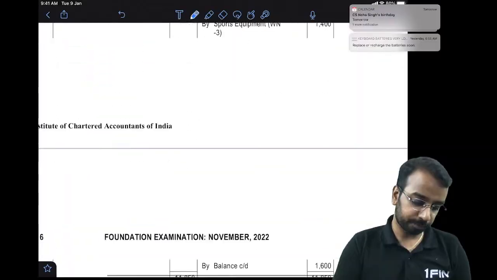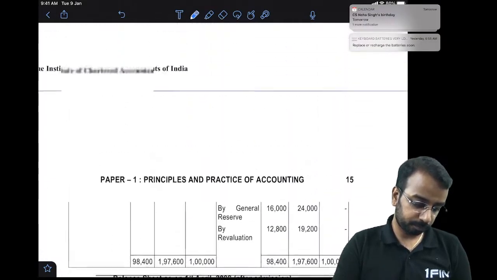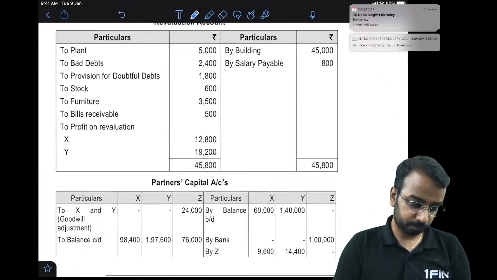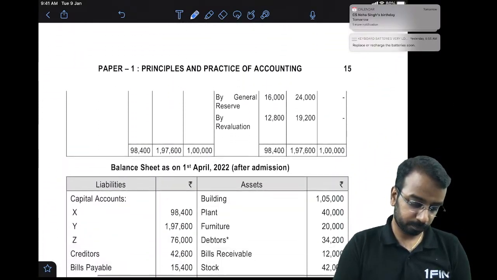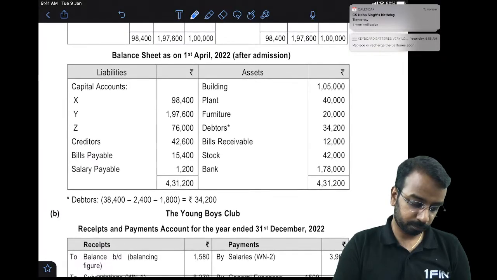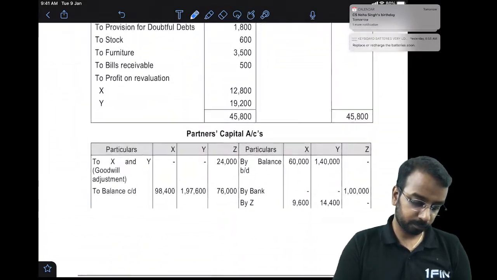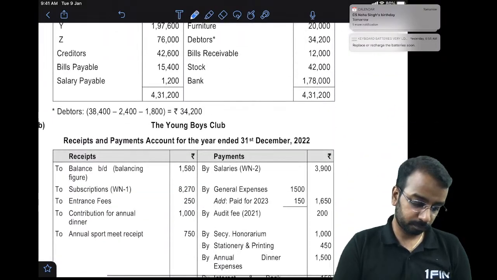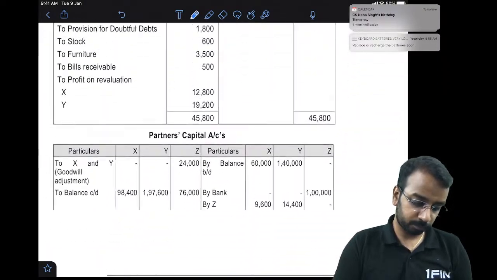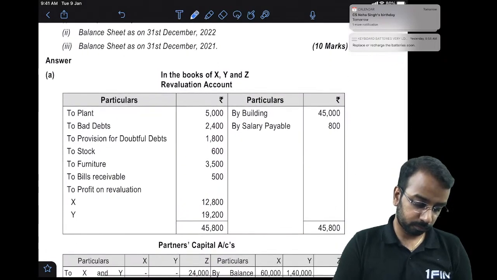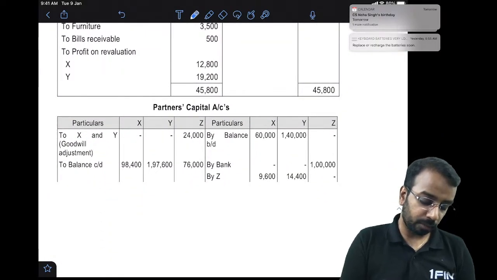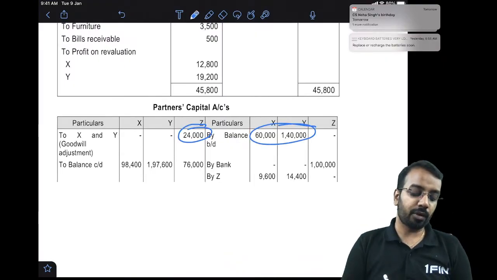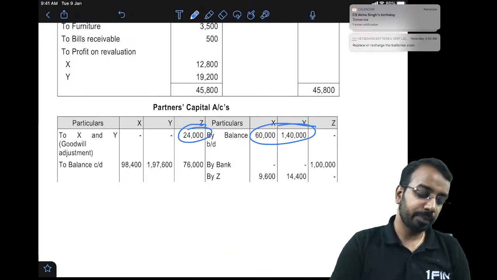Working note. Now, coming to the goodwill adjustment, 24,000 and 60,000 and 140, how did they arrive at it?